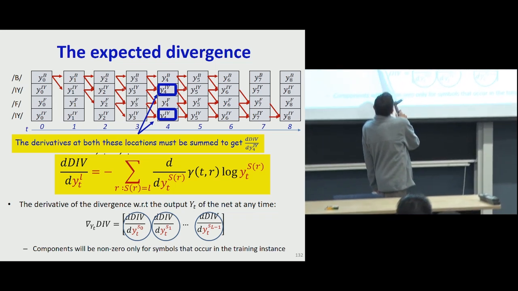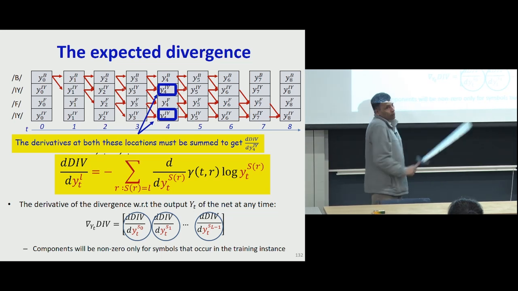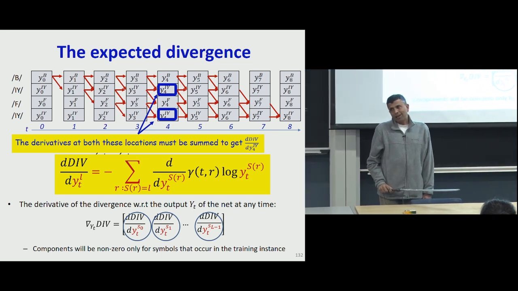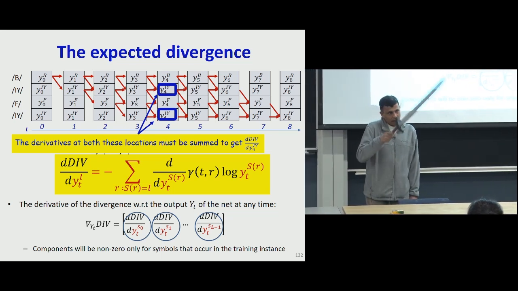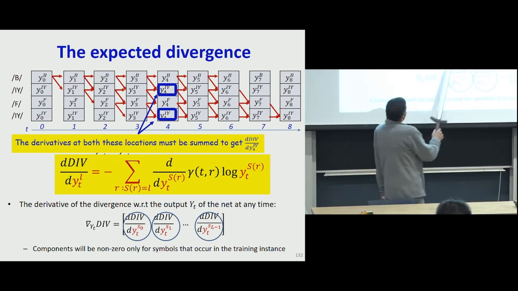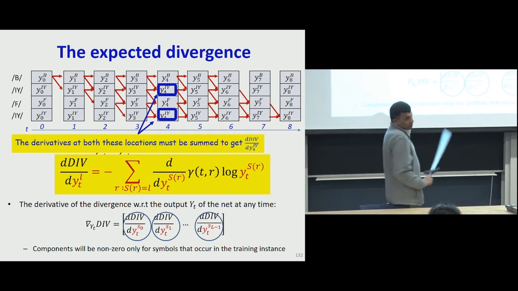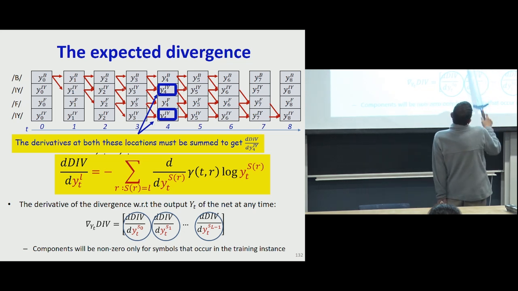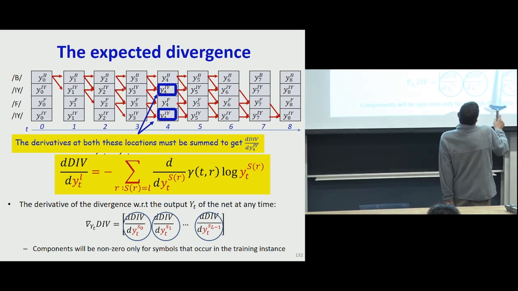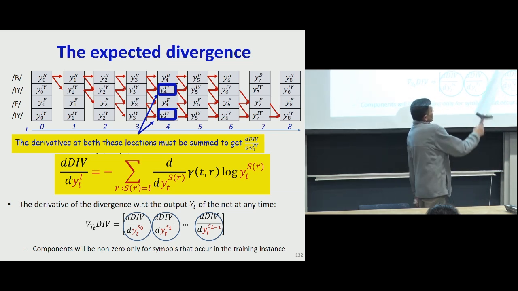Since you're looking for the derivative with respect to the output at a specific time, the summation over time went away. You're only interested in a specific column, right? And you're going over all of the rows which invoke that particular probability and computing the derivative of the term that contributed to the overall divergence by that probability.